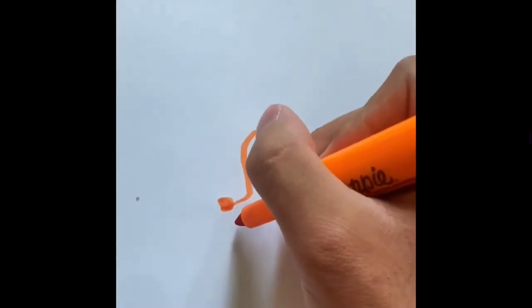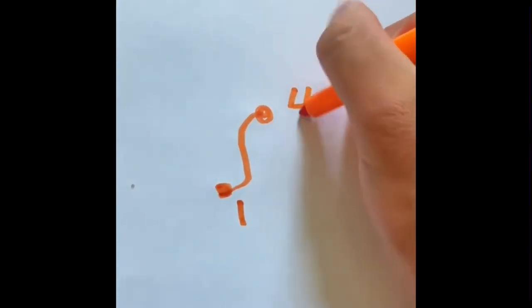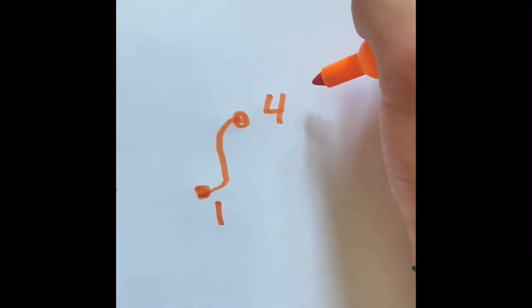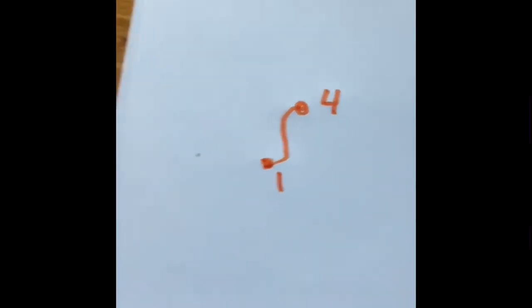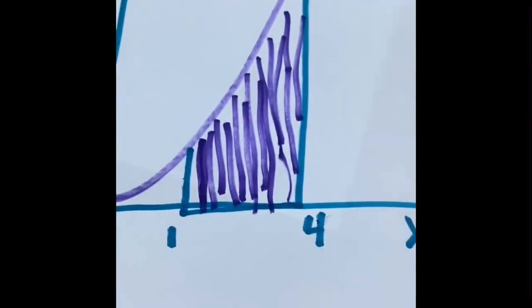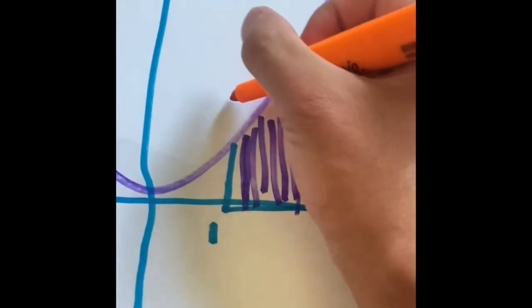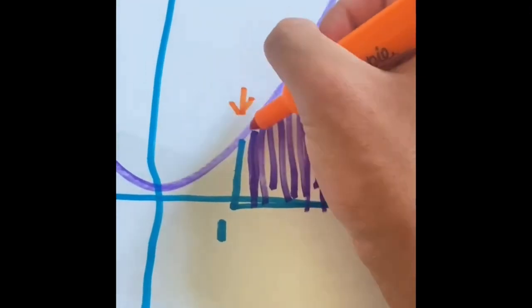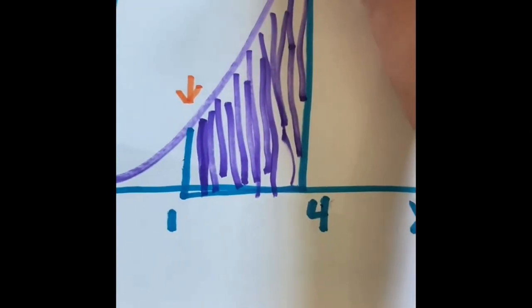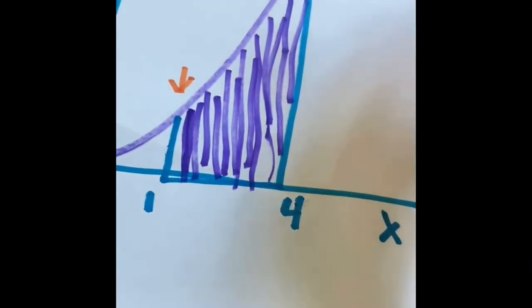When we place the numbers 1 and 4, 1 on the bottom, 4 on the top, that is saying what you are trying to calculate must be in between the points 1 and 4 on the x-axis. By using the integral symbol, it's saying here is our first boundary, do not cross the line, and here is our second boundary, do not cross the line.